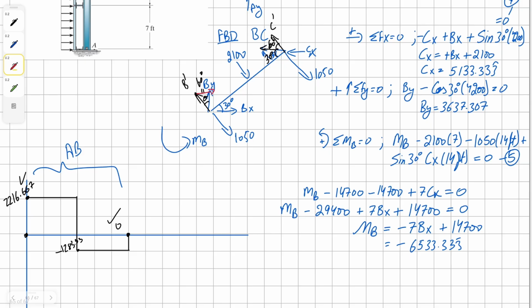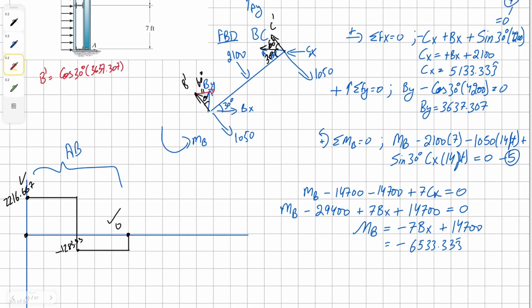To do that, first of all, we have our vertical load By. So this is going to be cos 30 degrees times the value of By, which is 37.307.